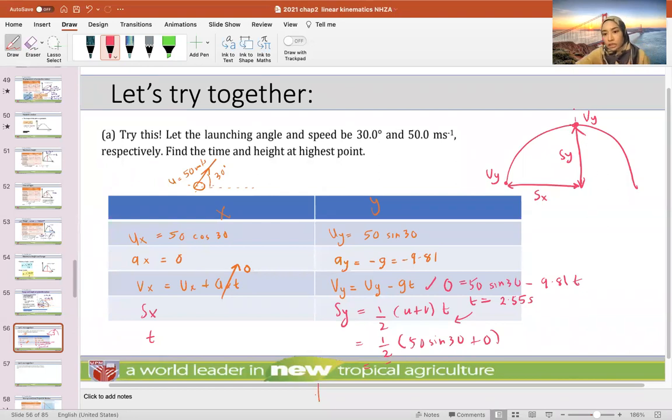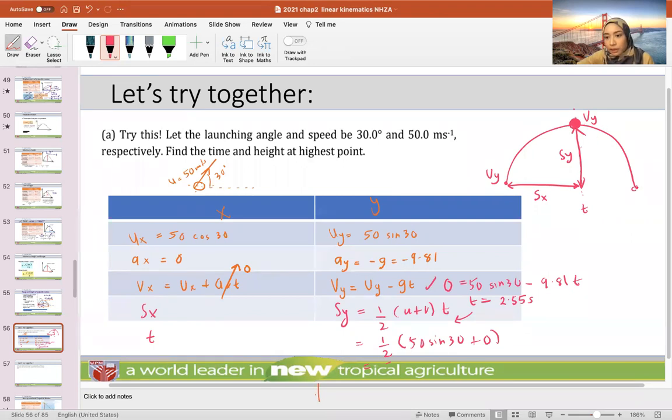Like I said to you before, kalau saya cari anything at this dot, dia semua kena sama. As displacement in the X kena sama, displacement in the Y kena sama. Apa lagi? Time kena sama for this point, time kena sama. So at this point, I want to say, okay, this is my final Vy. So the time that I get is actually the time for here, the time over here. I use Vy equals to 0, therefore I get time at the midpoint because this is where I set V is equal to 0.